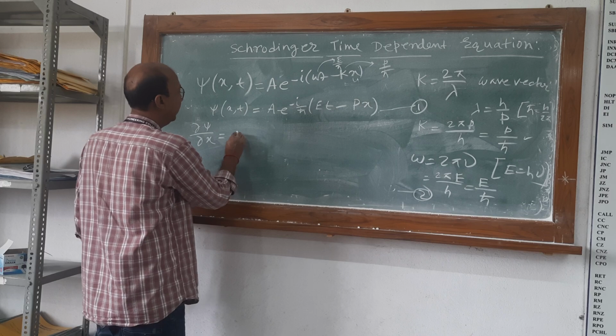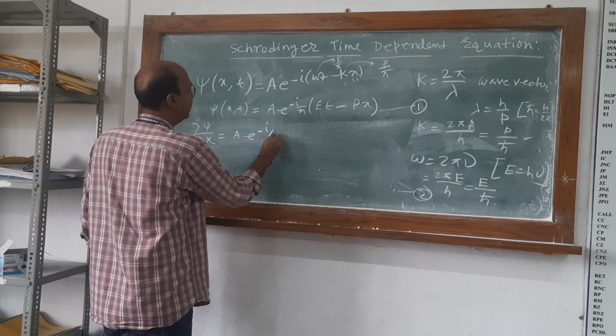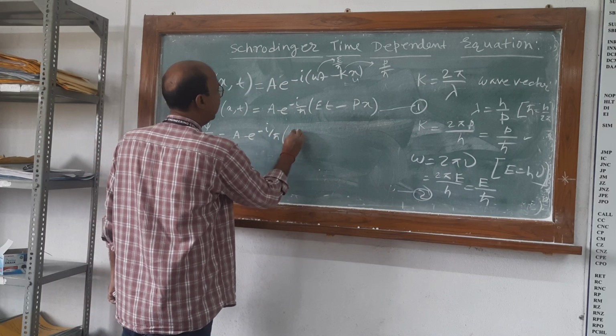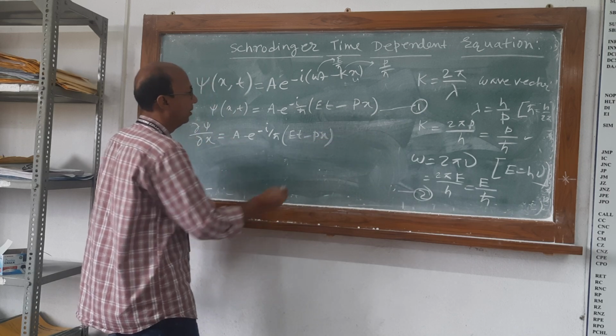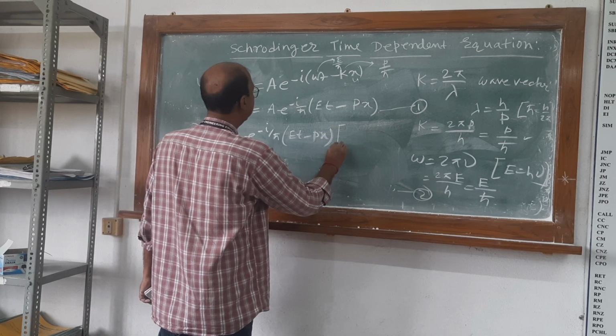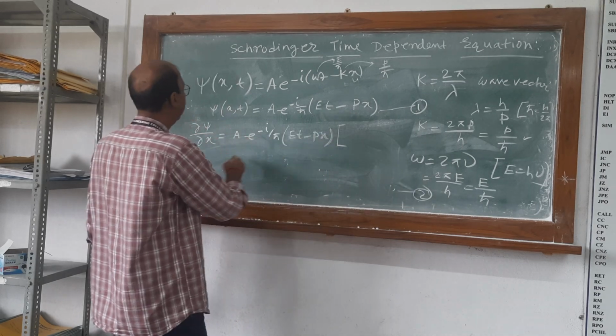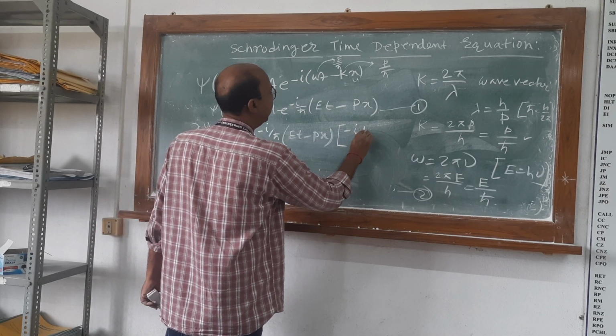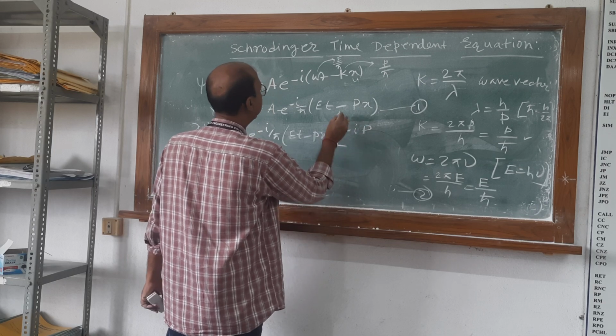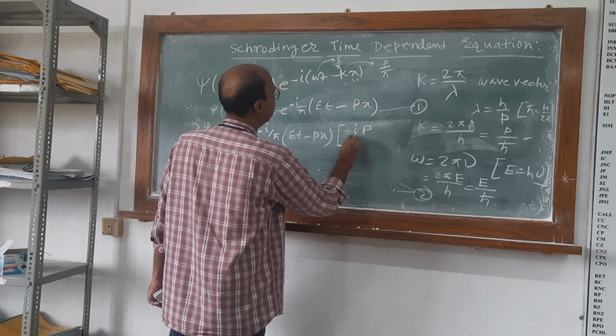It will be a e to the power minus i by h cut (Et minus px), and so it becomes minus i, minus p is plus p by h cut.